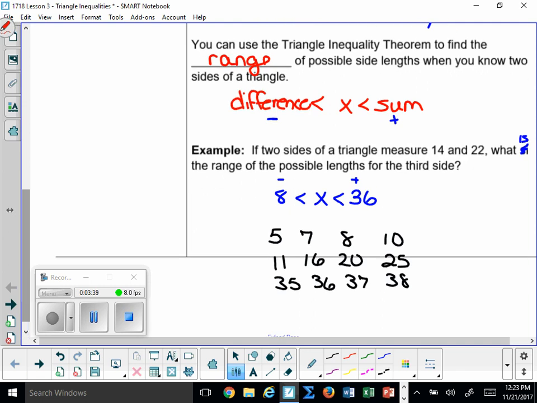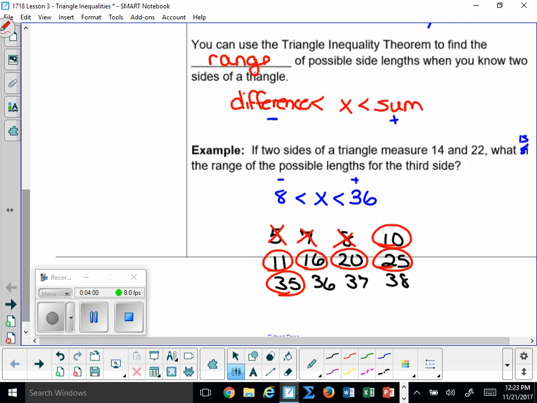All right, so 5 is too small. 7 is too small. Is 8 a possibility? No, it's not. This does not equal 8. It has to be greater than 8. So 10 will work. 11, 16, 20, 25, 35.